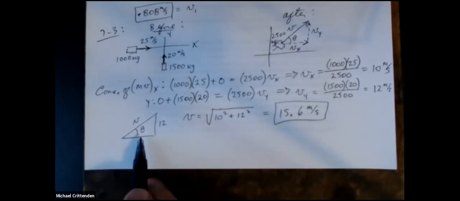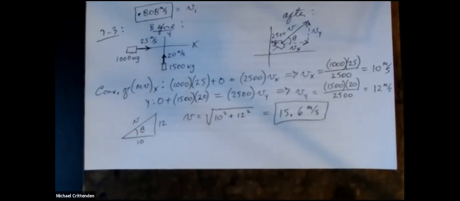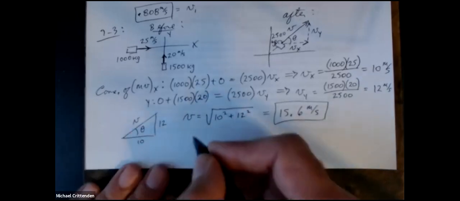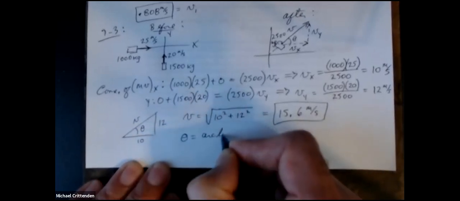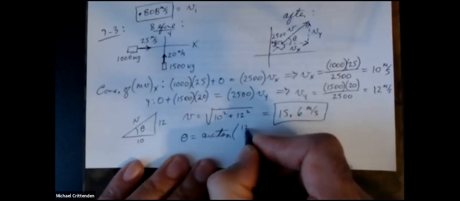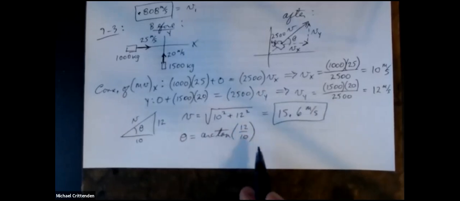To get the angle, now that we know the hypotenuse, you could use any trig function, but I'm in the habit of using the tangent. Tangent is opposite over adjacent.